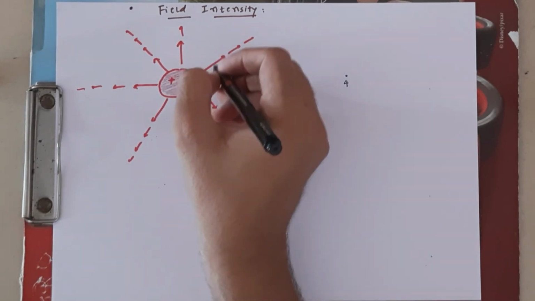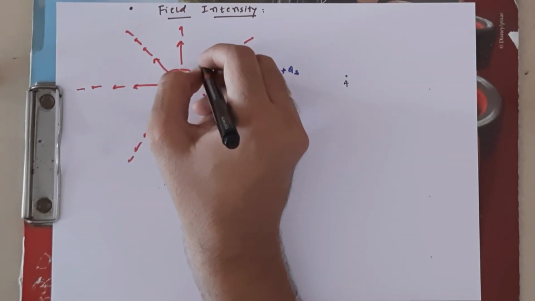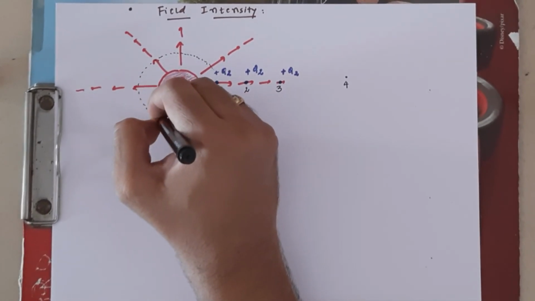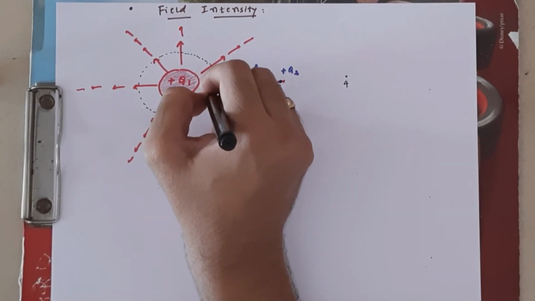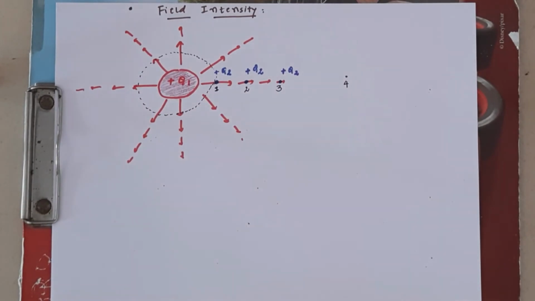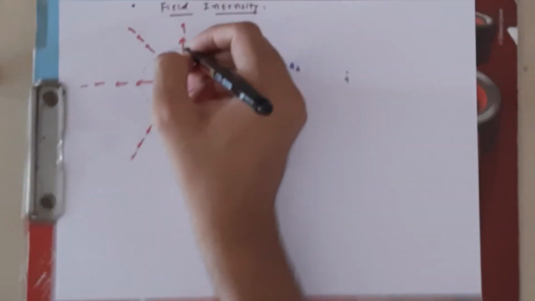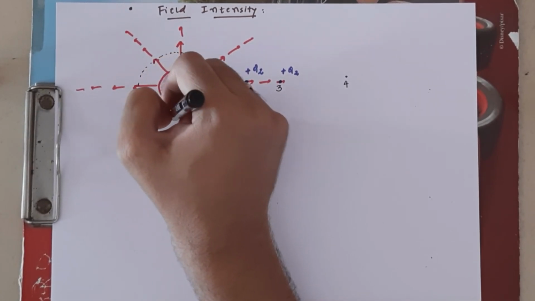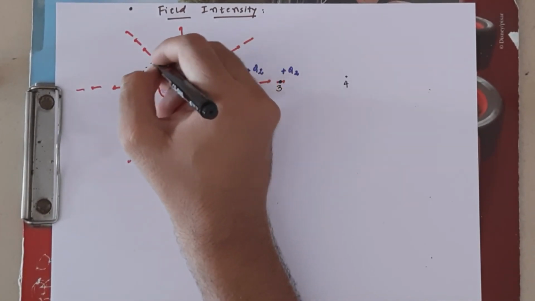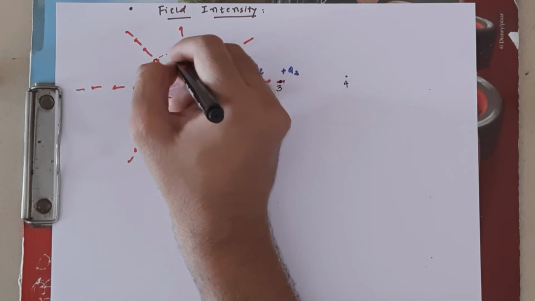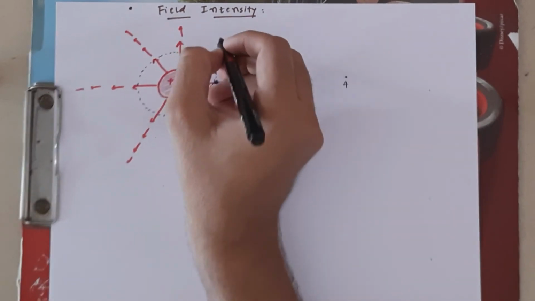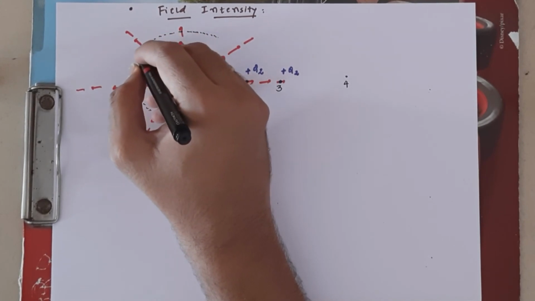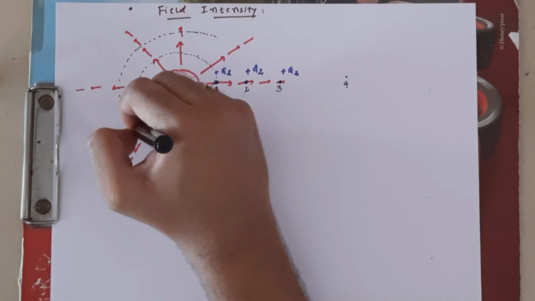Okay, so now my question is, suppose I have to draw one circle with the same radius surrounding the charge. At each and every point on this circle the field intensity is the same. But suppose I draw another, larger circle.